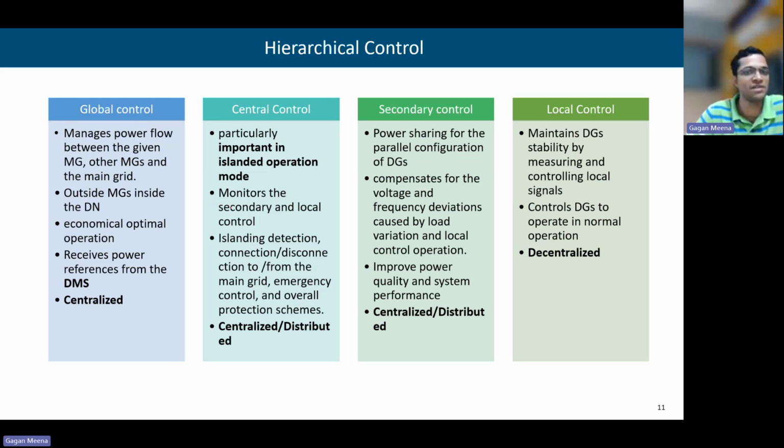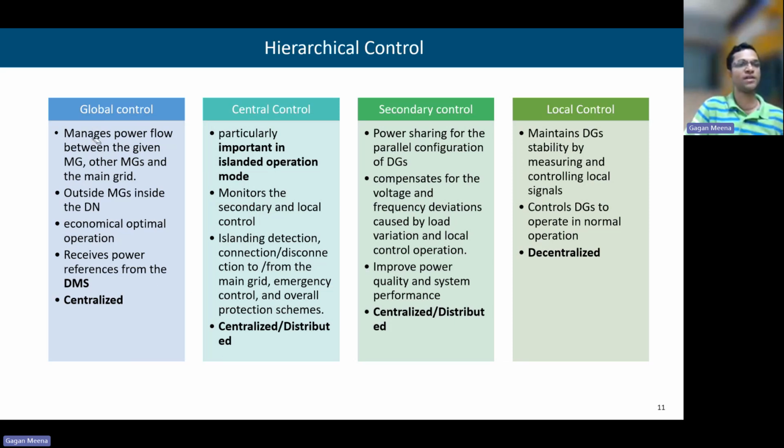The MGCC will be responsible for islanding detection, connection and disconnection to and from the main grid, and this entire protection scheme which we have discussed, the challenges for the protection scheme in the presence of DGs. The adaptive protection schemes, all those things are taken care of by the MGCC.